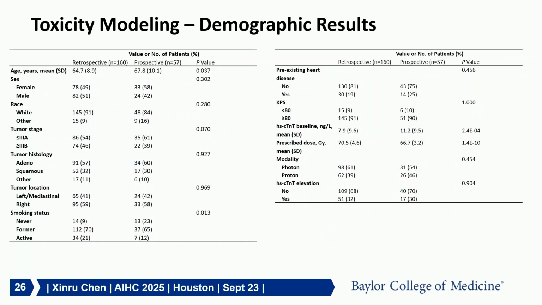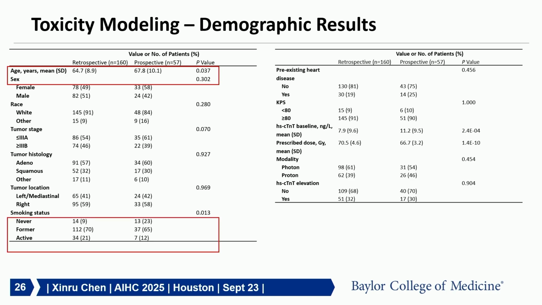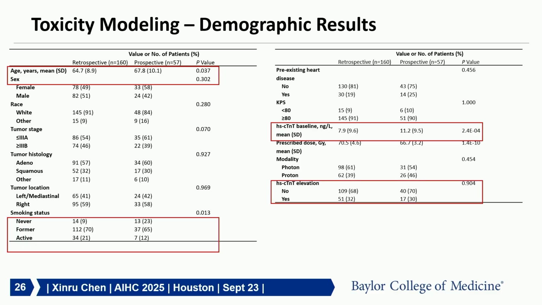The table here shows the demographics of the patients. There is no significant difference between the retrospective and the prospective cohort, except that the prospective patients are older, with fewer smokers and higher troponin baseline. It is worth noting that the elevation rate in the 2 groups was almost identical.